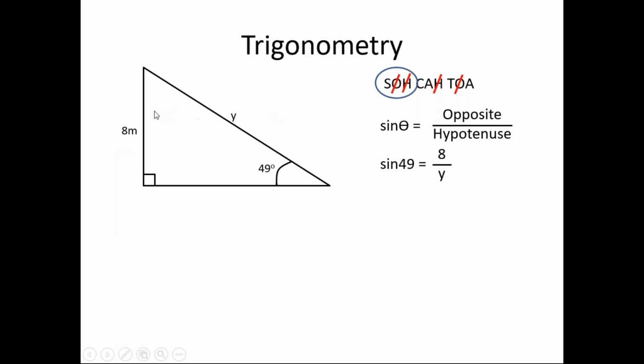So it's the opposite leg and hypotenuse, so I need to use sine. Sine of 49 degrees will be the opposite leg divided by the hypotenuse. So in order to find y, I would just have to do 8 divided by sine 49. If I calculate it on a calculator, it will give me 10.6.